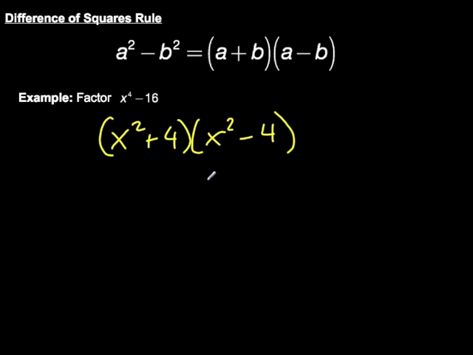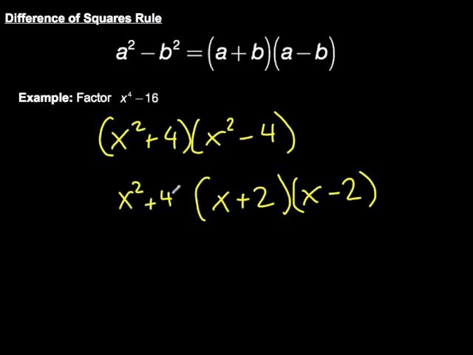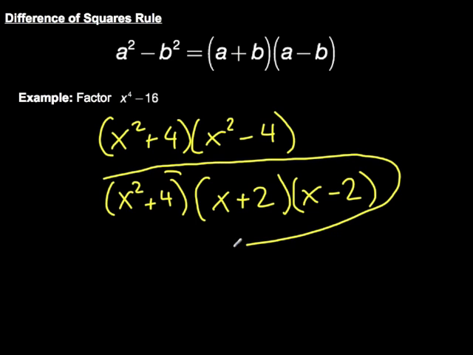So we can rewrite that as x plus 2 and x minus 2. We attach the x squared plus 4 to the front, and we get our final factored form.